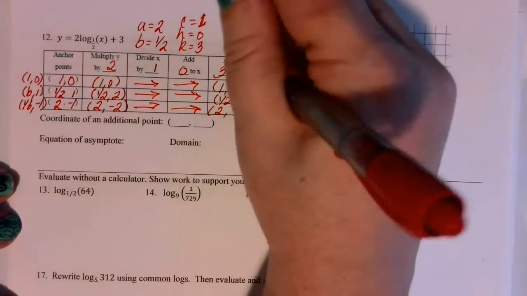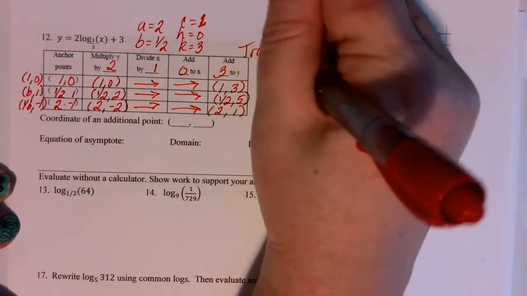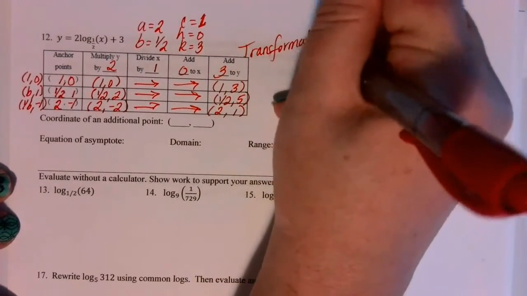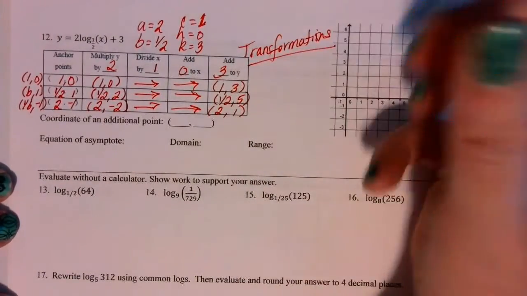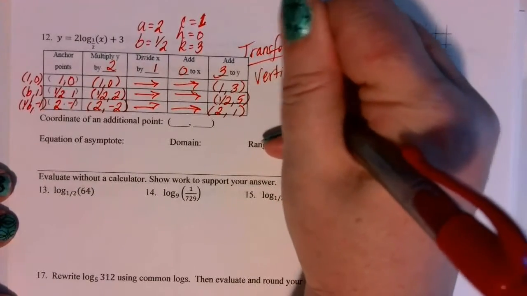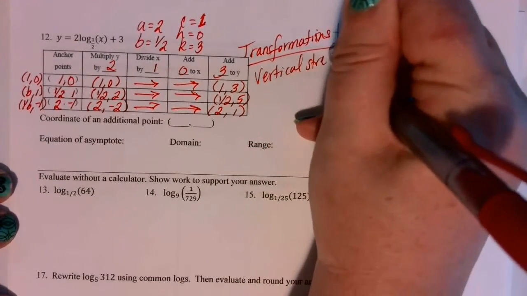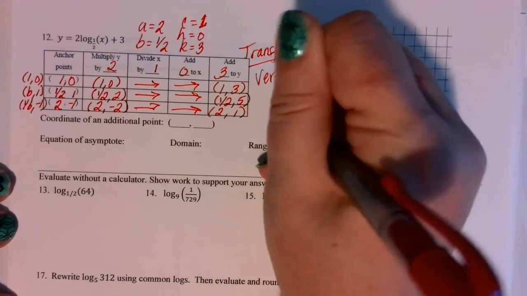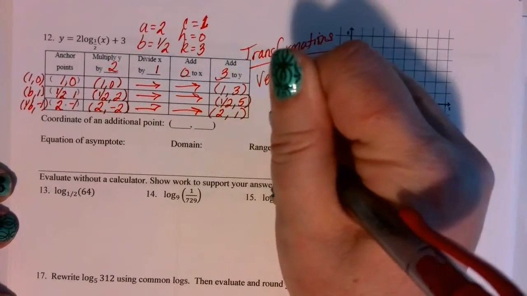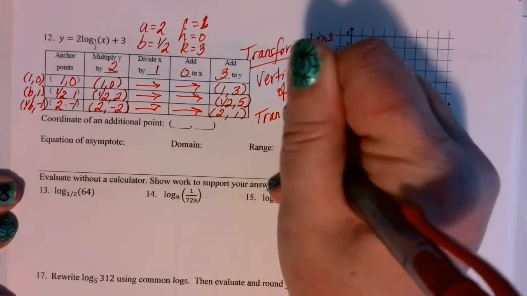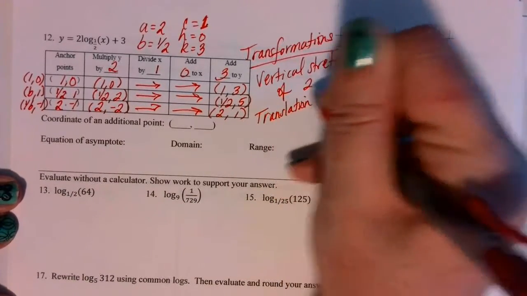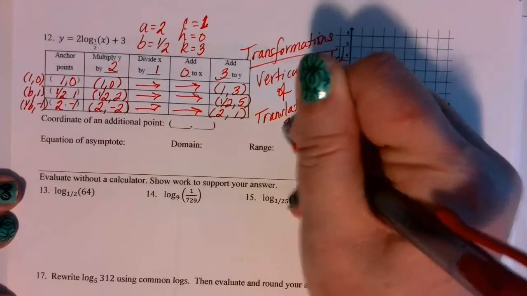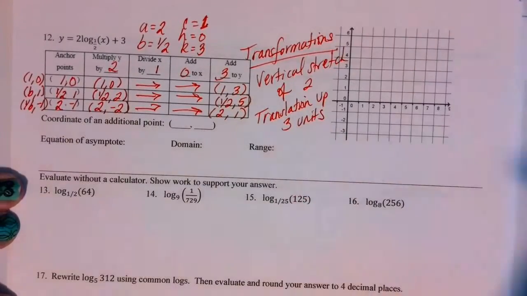Okay, so our transformations are a vertical stretch of 2 and a translation up 3 units.